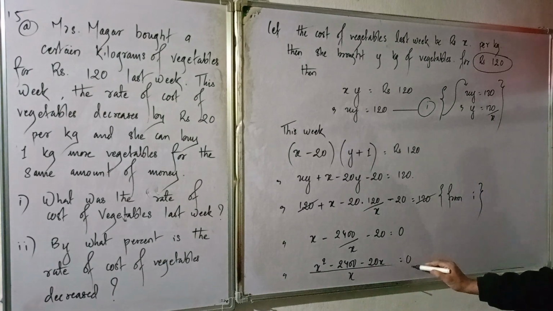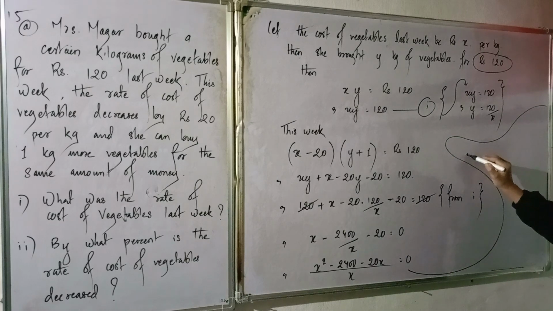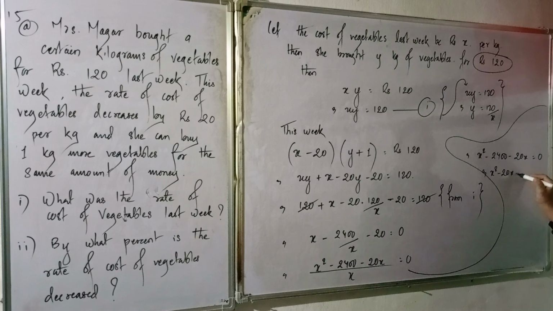When x gets multiplied to 0, it becomes 0. So x square minus 20x minus 2400 equals to 0.